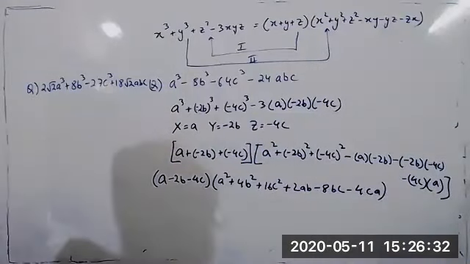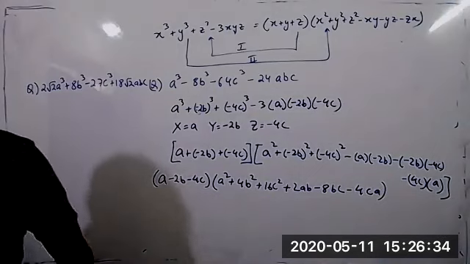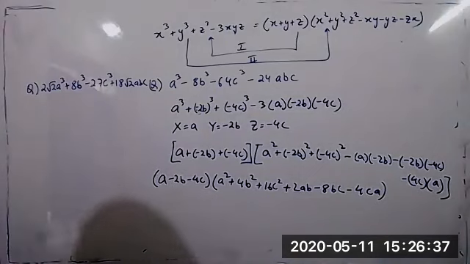This is the answer. Where you are struggling in this type of question, you tell me first. Please, you will have to be vocal. You have to tell me where you are struggling. Then only I will understand.